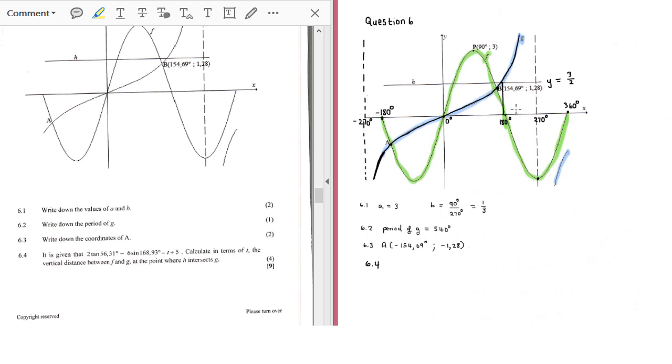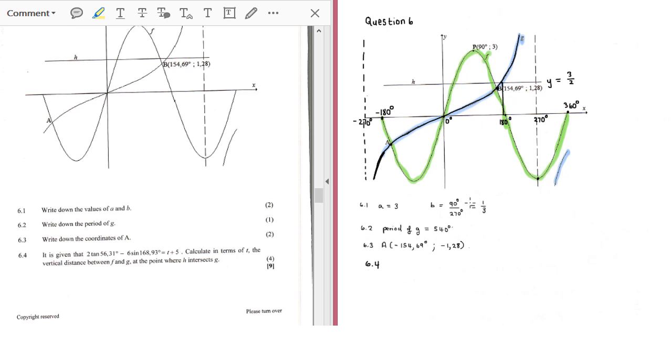Now remember that the graphs are not necessarily drawn to scale, so let's not assume that that x value is 180 degrees. It looks like it, but let's not assume it.